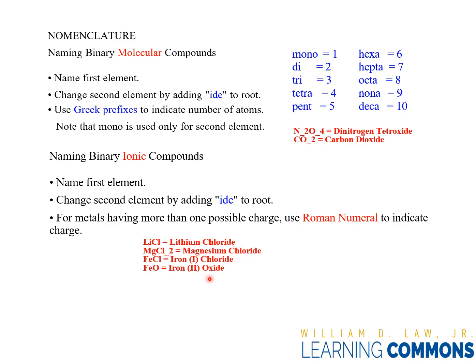Keep going to name this binary molecule and the binary ionic compound, and keep all this system in your mind. How to name: in both cases we have to change the suffix of the root word to IDE.